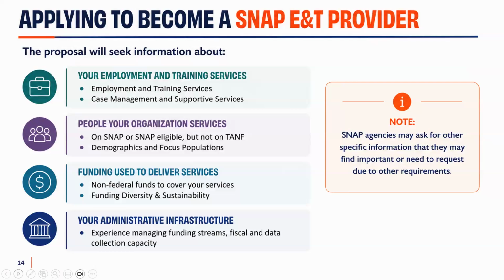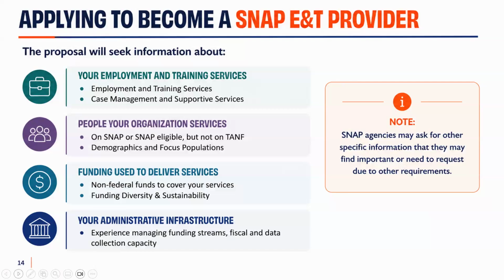And then also your administration infrastructure. They would like to see a strong infrastructure within your program to know that you're going to be able to do some of those administrative tasks that are required with accessing SNAP E&T funding. Do you have a good case management system to monitor participants' progress through your program? How are you recording your supportive services and documenting that?